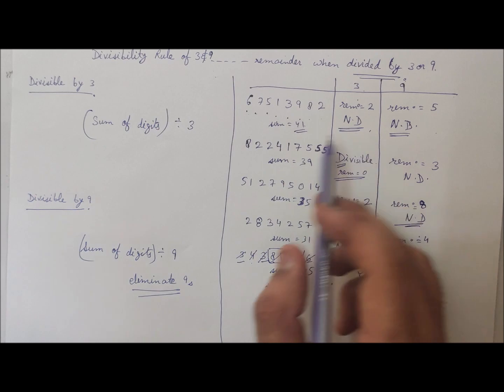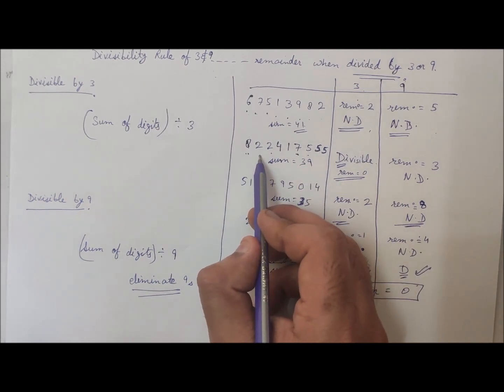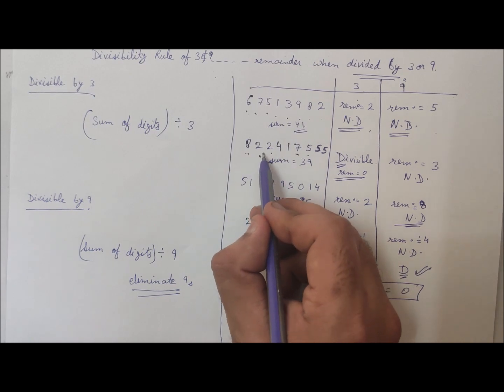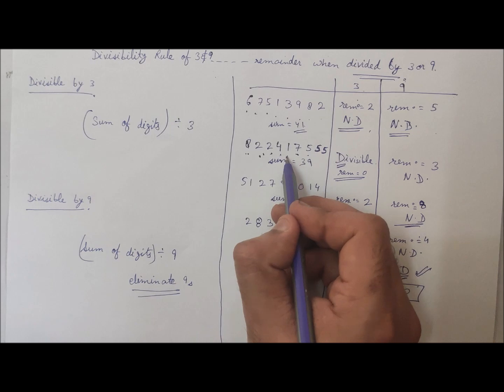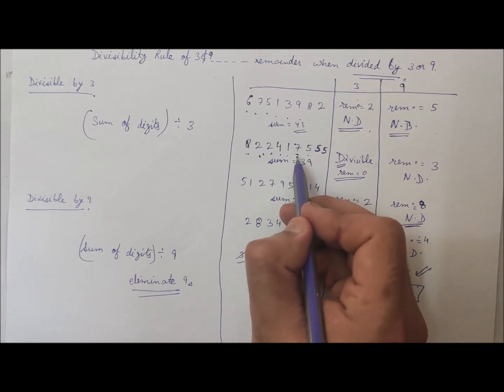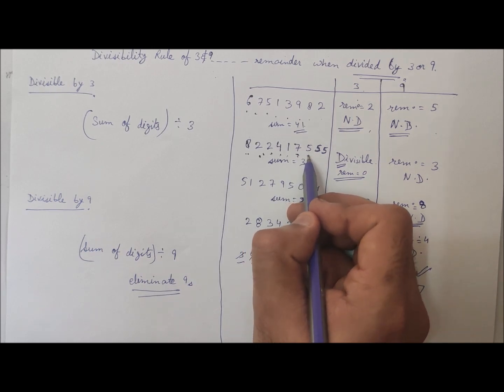So in this question, let me check if it is applicable. 8 plus 2, 10. 10 minus 9, it's 1. So I have the sum 1 here. 1 plus 2, 3. 3 plus 4, 7. 7, 8. 8, 7 is 15. Again, it's more than 9, I'll drop a 9. 15 minus 9, it's 6. 6 plus 5, 11. Again, I'll drop a 9.